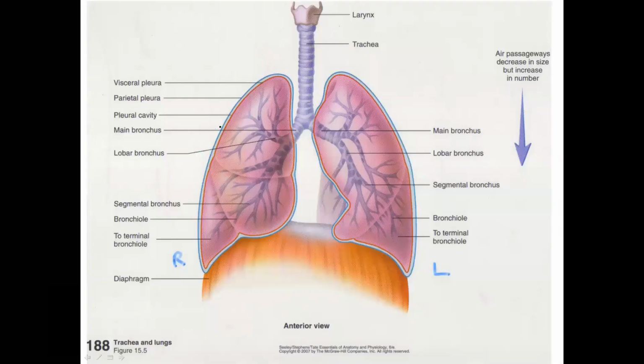The right primary bronchus is angled differently. It has a little bit different angle than the left side. As a result, more often than not, if you're going to get an inhaled foreign object, it will likely go down the right primary bronchus because of the angle.